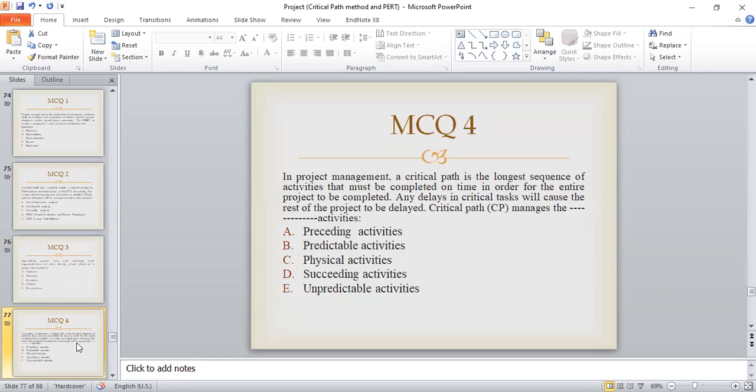Beta will be the correct option, predictable activities, as I already mentioned that preceding or succeeding activities are already components of critical path or PERT analysis. Only during performance of the critical path method are the predictable activities mainly concerned, whereas unpredictable activity is mainly in the PERT analysis. Therefore, beta will be the correct option. The critical path manages the predictable activities.